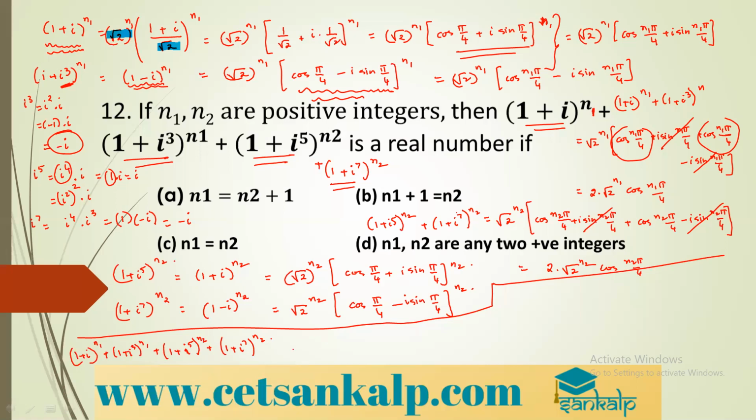I can take common only 2. After taking 2 common, what will I have? 2 power n1 by 2 cos n1 pi by 4 plus 2 power n2 by 2 cos n2 pi by 4.